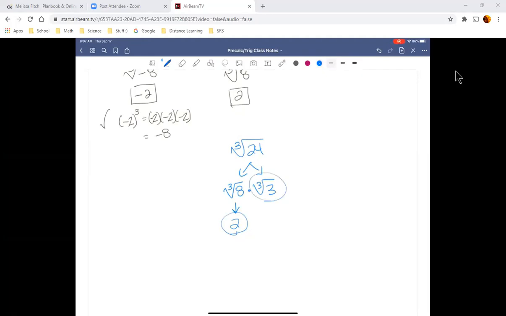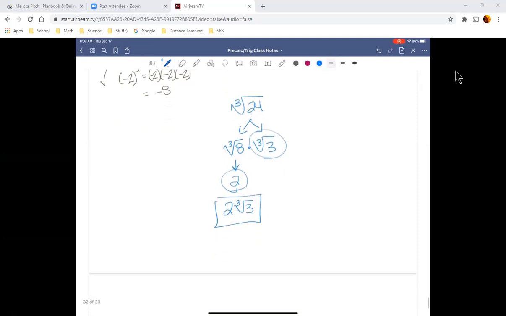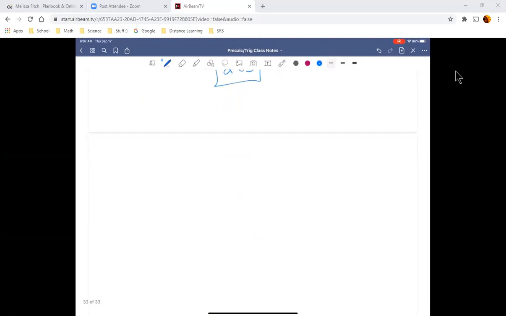So then our final answer would be 2 times the third root of 3. You guys good? All right. So let's talk about these little guys as exponents real quick, and then I'll let you be. So let's talk about rational exponents.